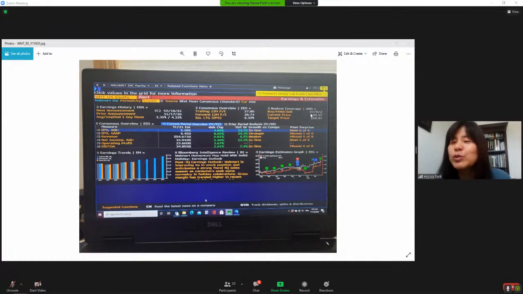They think the Walmart stock is undervalued, so they estimate that the stock price will go up. The current stock price, when I took this photo, was $149.37, but the average target price of these analysts is $159.47. That's why many analysts are estimating that the stock price will go up in the future.